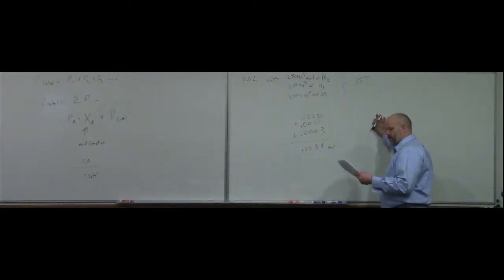A 10 liter vessel contains X moles, X moles, X moles at 35 degrees centigrade. I think you need to do the nRT to get the pressure, and then do the summation, because he gave you the volume and the temperature.